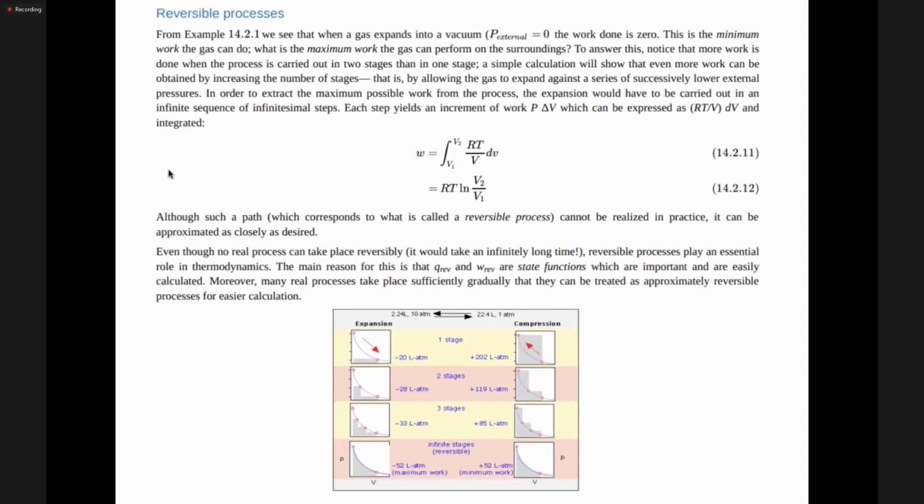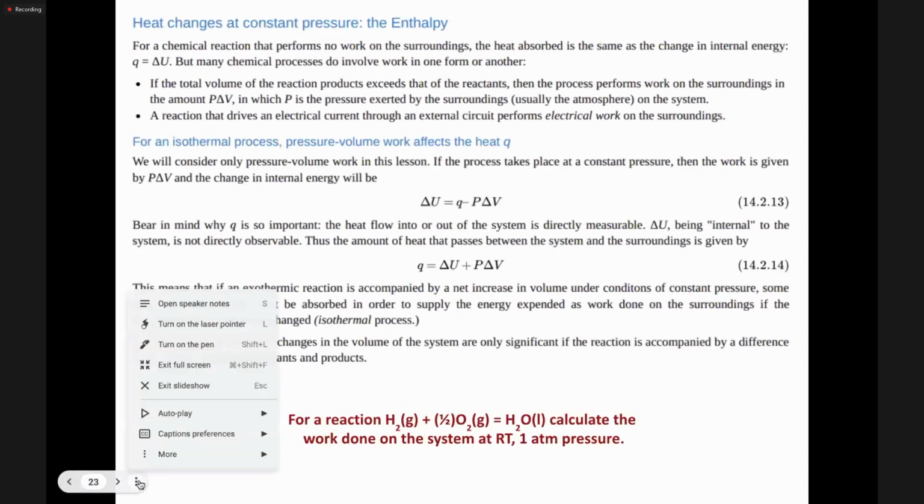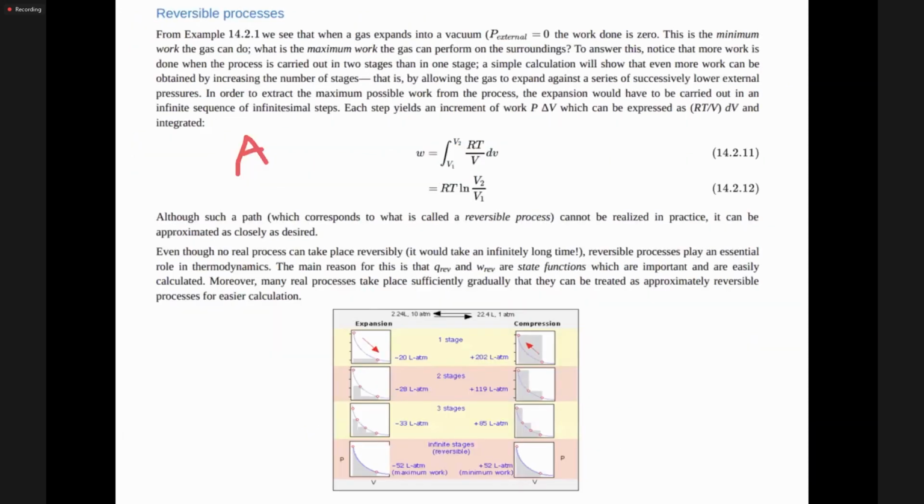Suppose we have a system at state A, going to state B, and then again coming back from state B to state A. When this double arrow sign is used, these are called reversible processes.